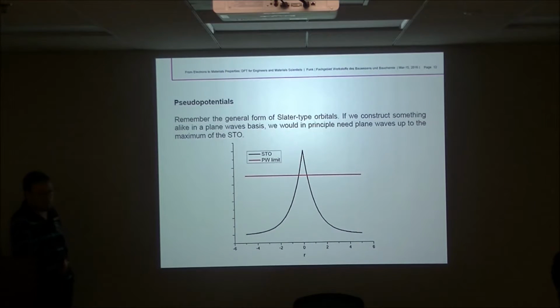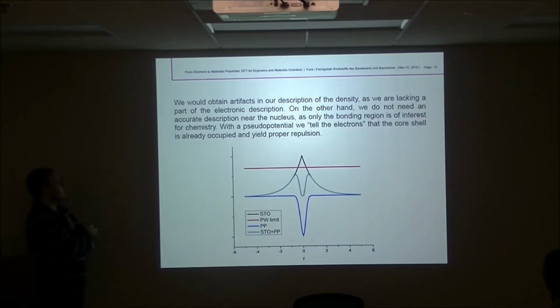We're doing the chemistry, we are not interested in what happens in the core shell of the electron. They just influence everything around. For sure they do. Without them this repulsion would be lacking, right? So they're somehow repulsing the valence electrons and make sure that they stay at the right distance, but that's all that happens here. So how can we avoid this? Pretty simple. We just need to tell the electrons that there is no space for them.